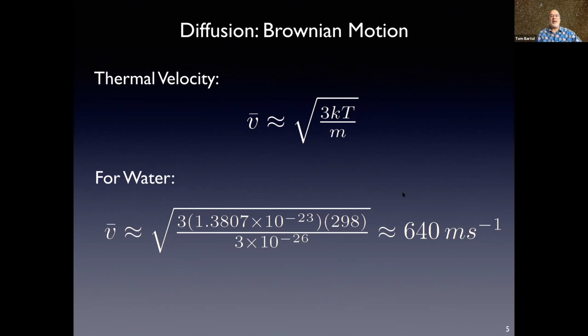There are two different ways we could look at diffusion of particles. We could use the molecular dynamics Newtonian mechanics approach, or we can use a statistical mechanics approach. In the statistical mechanical view, particles have a thermal velocity given approximately by the square root of 3kT over m, where k is Boltzmann's constant, T is temperature, and m is the mass of the particle.